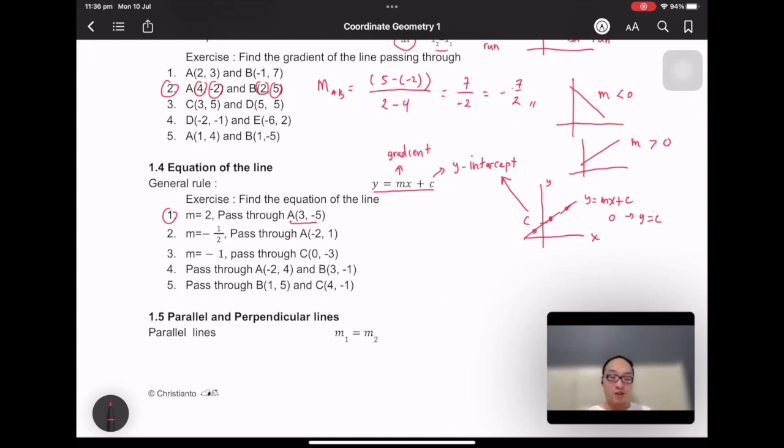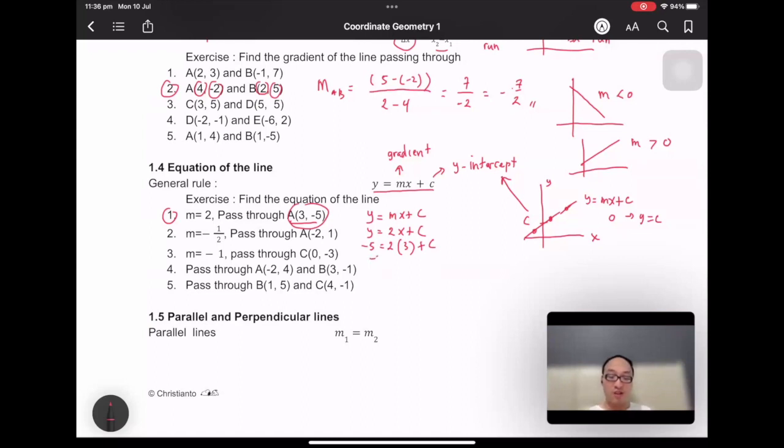So according to the general rule, the equation is y equals mx plus c. The gradient is 2, so y equals 2x plus c. So this is the general formula. We have to find the value of c. Now, because the line is passing through point A, the coordinate A will satisfy the equation. So we can just replace the values of A. y is negative 5, 2 times x is 3, plus c.